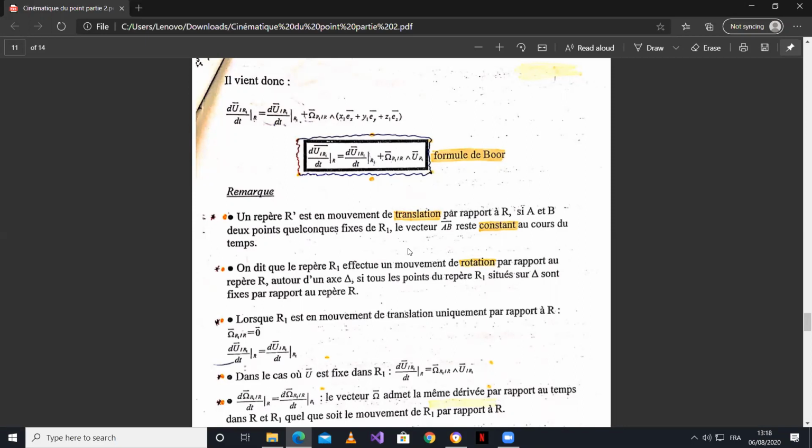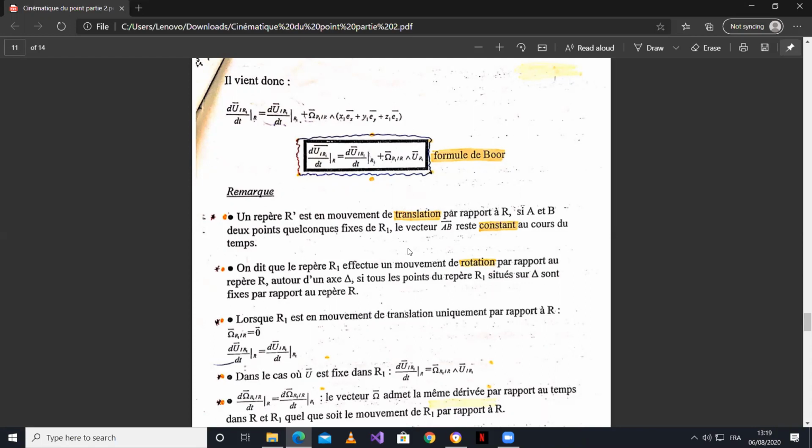So if you have a repère R1 rotating around a certain axis, which we call delta, and that delta belongs to R, the points on that axis are not going to change. They remain fixed because they are not moving. It's just what's rotating around it that's moving. So that's what they're trying to explain here. The points on that axis around which we are rotating are going to be fixed.